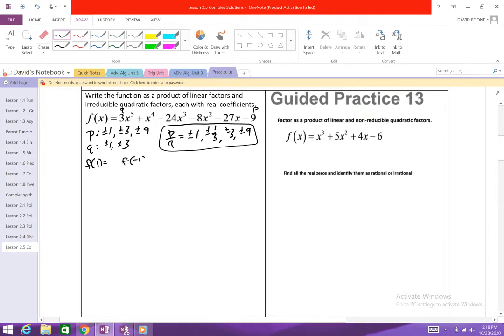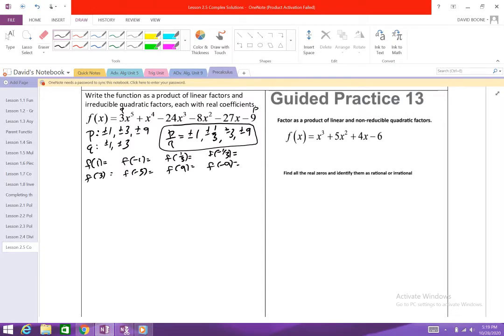Then f of negative 1, f of 1/3, f of negative 1/3, f of 3, f of negative 3, f of 9, and f of negative 9. I could go through and put all those into the original equation and see which ones give me 0. That would tell me which of the rational roots work.